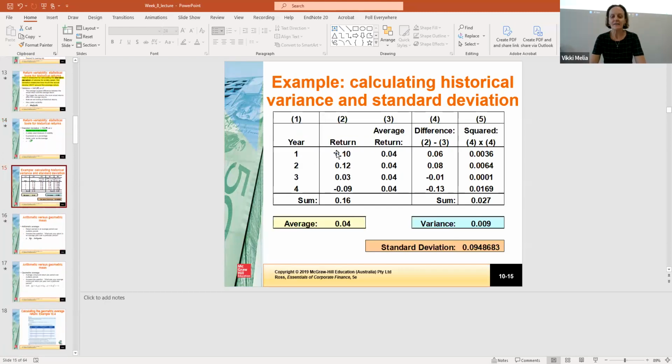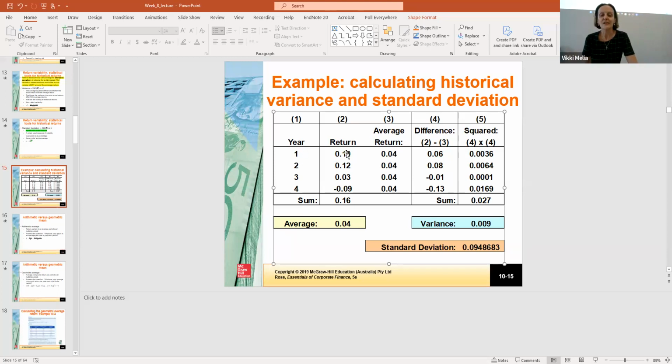So we have some data and we just need to focus on the data that we start with. In this case, we've got a risky asset and we have 4 years of actual returns for that risky asset. So this column here, column 2, is the data that we started with. For the asset in year 1, the actual return was 10%. Remember, this is historical data, past information.